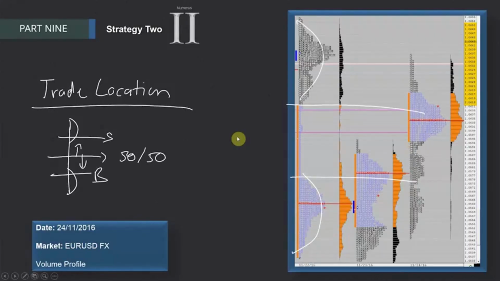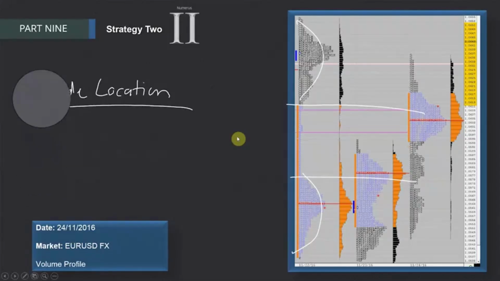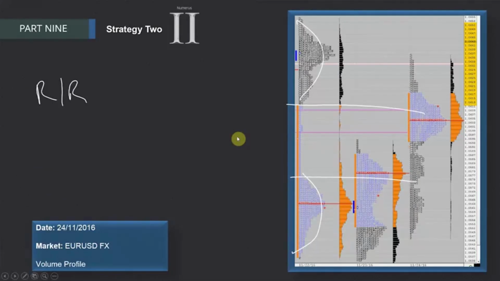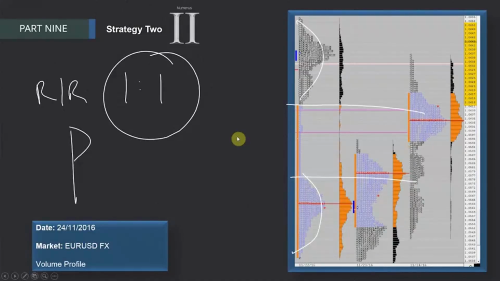Now, again, imperative to understand is the risk-reward metrics of this. In terms of the risk-reward, we are looking for 1-to-1 risk-reward. That's not necessarily comfortable for most people, but the simple reason is that it's very difficult to define risk in this trade strategy.